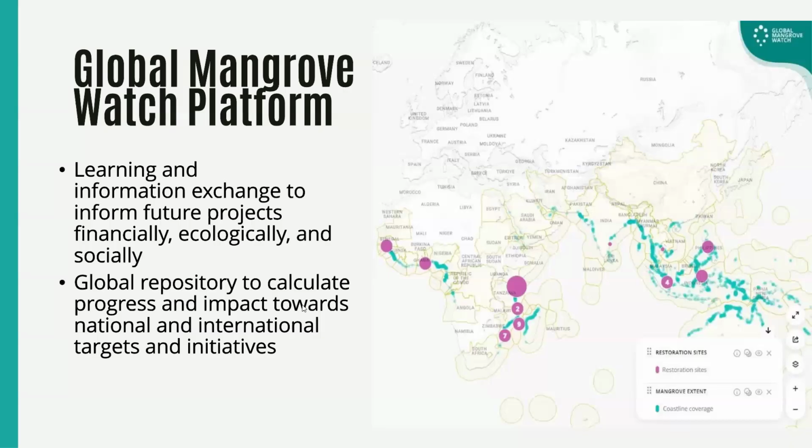So not only is it helping us track progress at the global scale, but it's also representing this learning and information exchange among mangrove practitioners to help inform future projects. So as a user, you can go in and see what mangrove restoration projects surrounding your area of interest include to hopefully learn from them and be more successful in your future restoration projects.